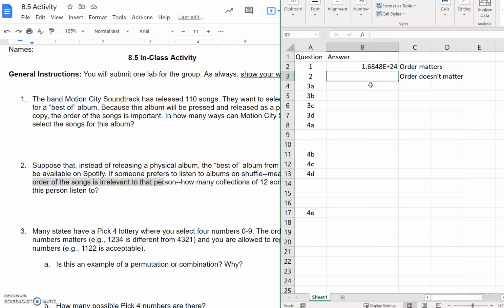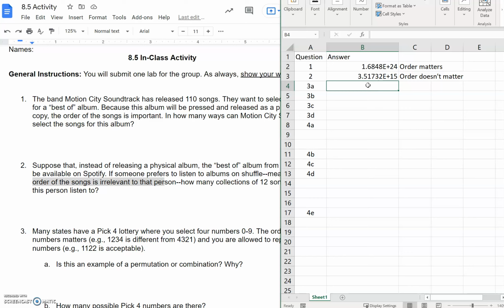For part 2, order doesn't matter, so we're looking at a combination. This is just combin, and again we use 110 and 12. This is still a huge number, but not quite as huge. If we're just looking at the number of collections of 12 songs, it's a big number.